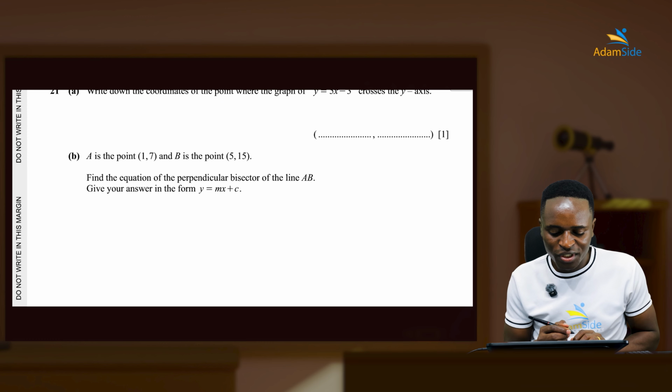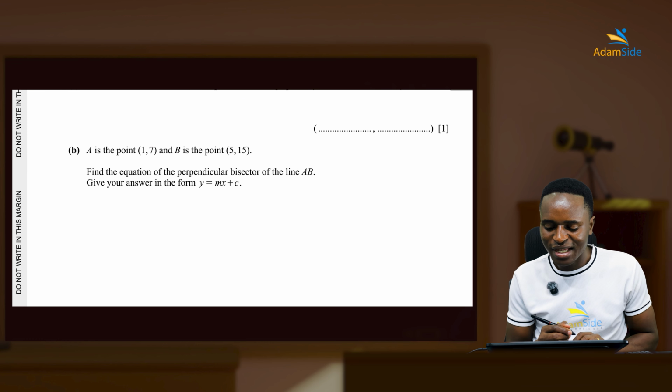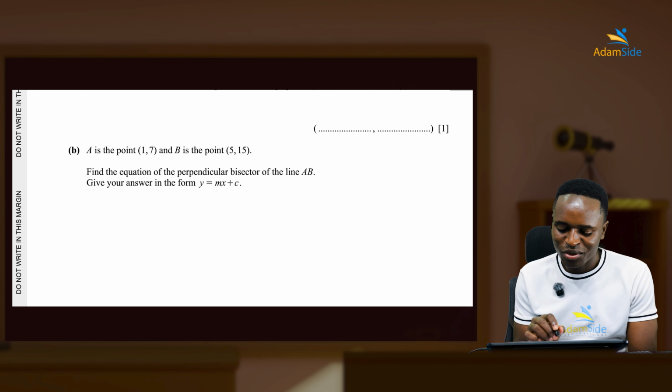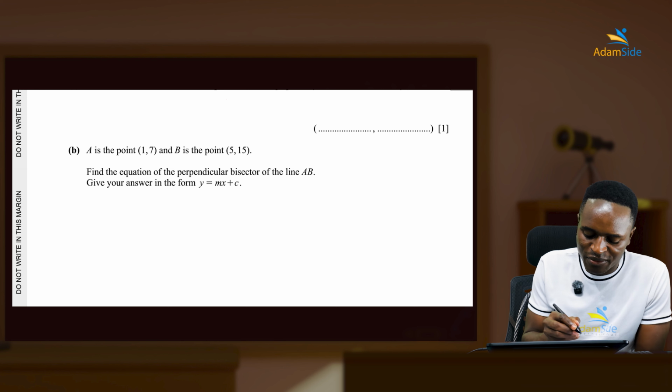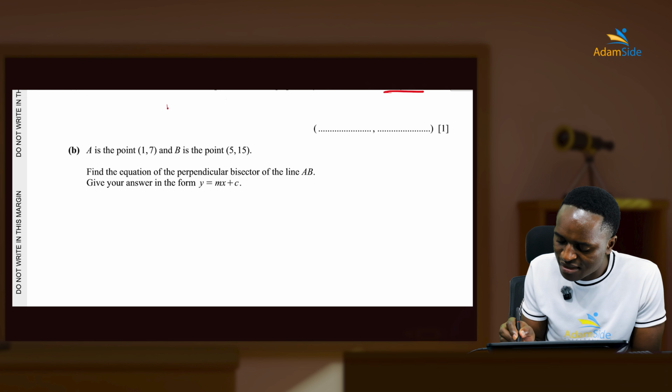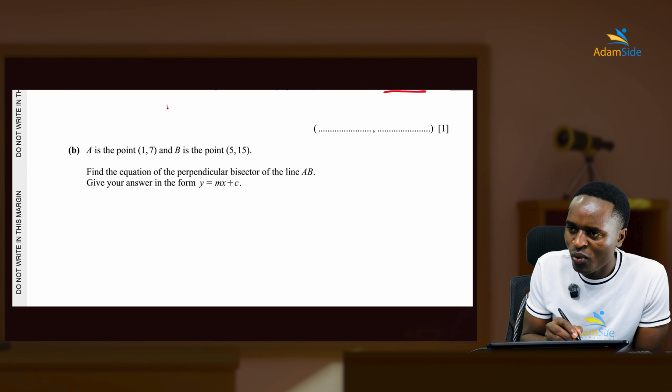Write down the coordinate of the point where the graph y equals 5x minus 3 crosses the y-axis. That's simple. If something says crosses the y-axis, that is the y-intercept.